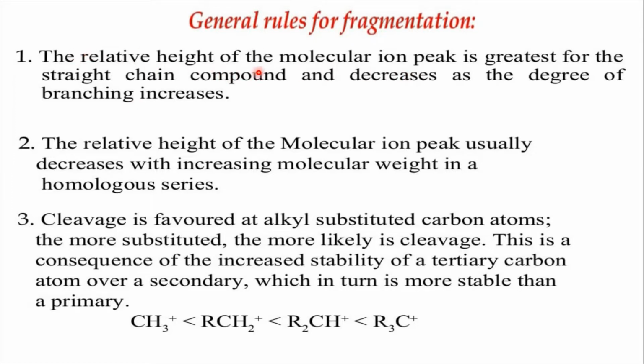The relative height of the molecular ion peak is greatest for the straight chain compound, and it decreases as the degree of branching increases. Because in branched compounds, the cleavage occurs at the branching point, and this leads to the formation of a stable carbocation, and hence the relative height of the molecular ion peak is greatest for the straight chain compound as compared to the branched chain compound.